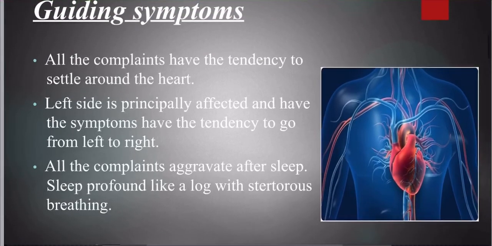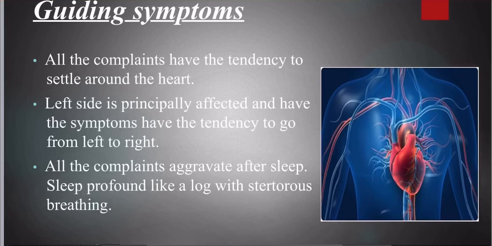All the complaints will aggravate after sleep. Sleep profound like a log with stertorous breathing. So how is the sleep in Naja? The person sleeps like a log. Log means a wooden plank. He sleeps like a piece of wood, stiff and straight. And then stertorous breathing: he makes noisy breathing during sleep.